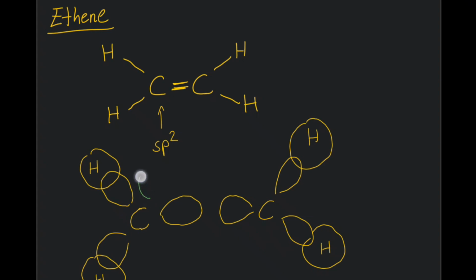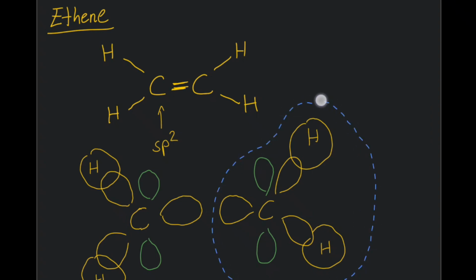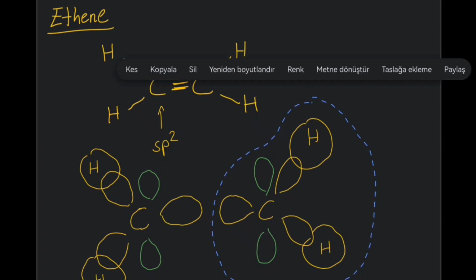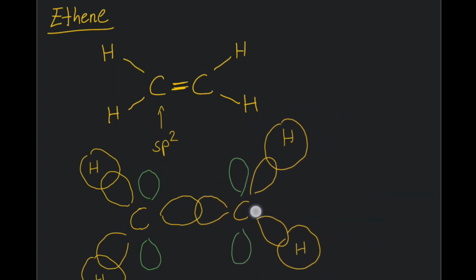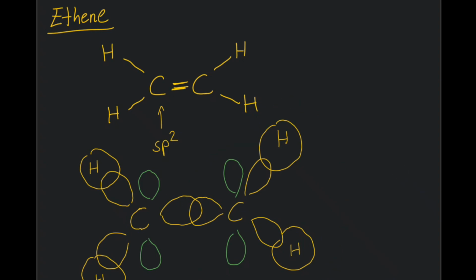But also we have pz orbitals for each carbon. So these two groups are close to each other, and between these two carbon atoms we create a sigma bond. This is a sigma bond.